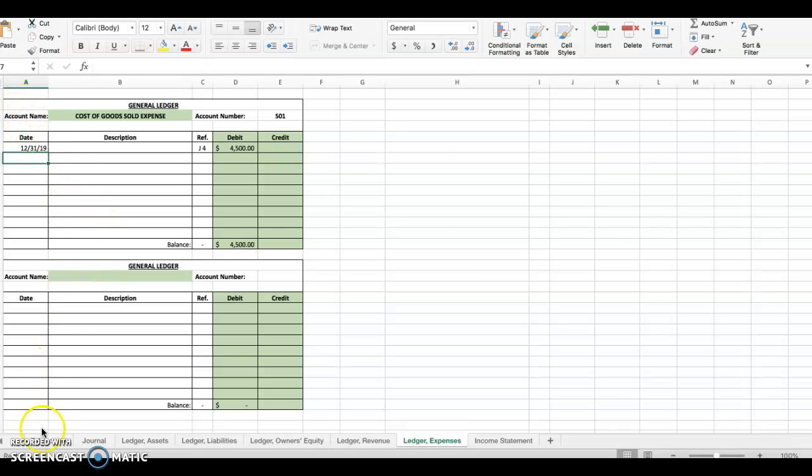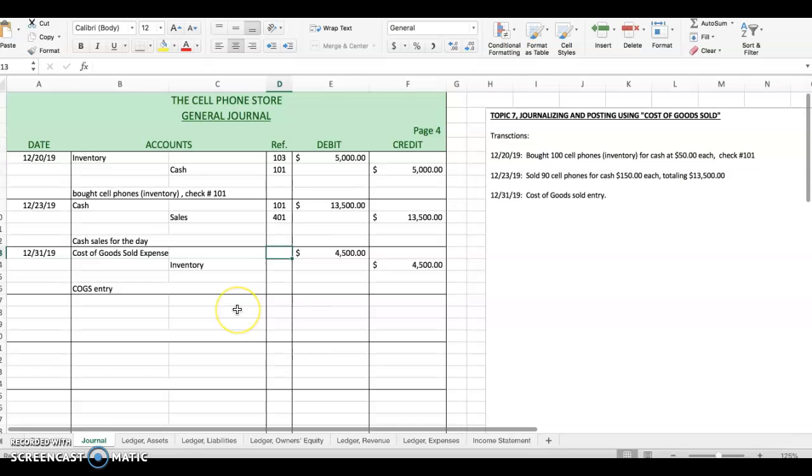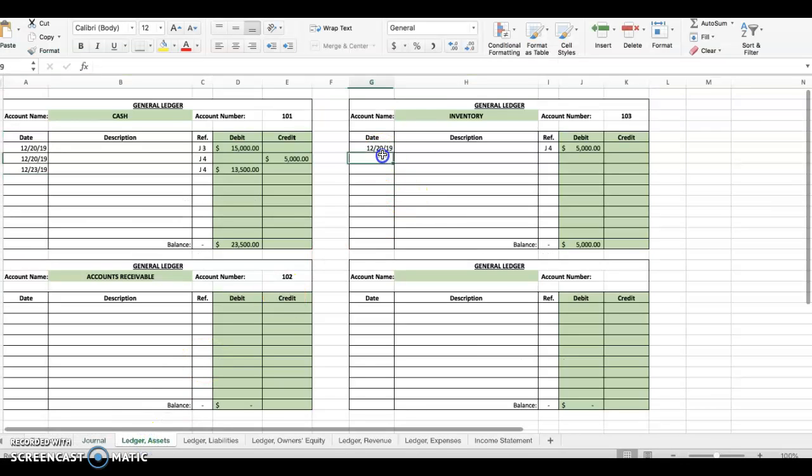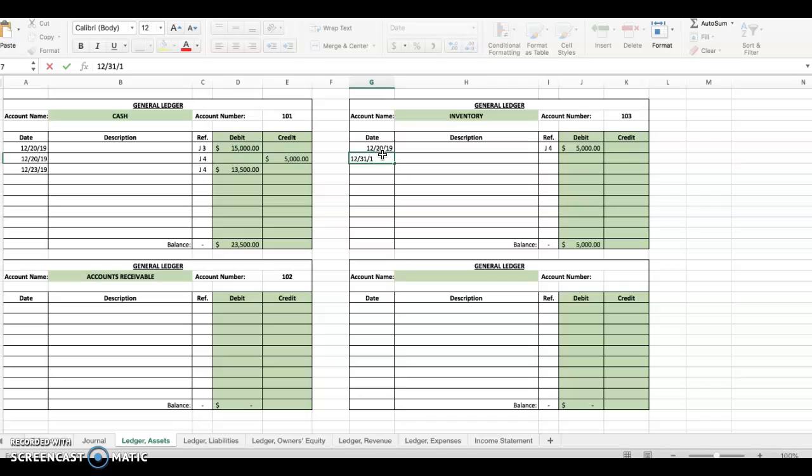So the account number is 501, back into the journal, 501, and we credit inventory by $4,500. Back to the asset section, journal page 4, and the credit is $4,500.